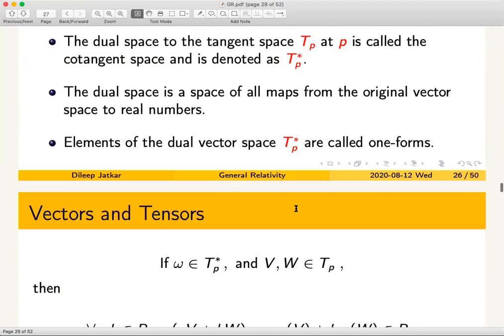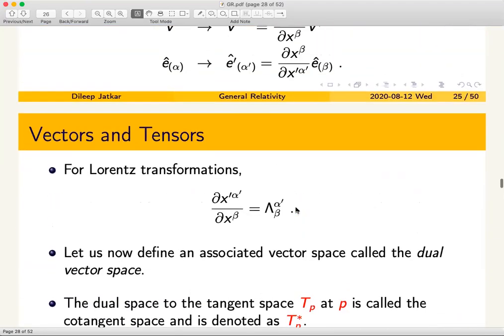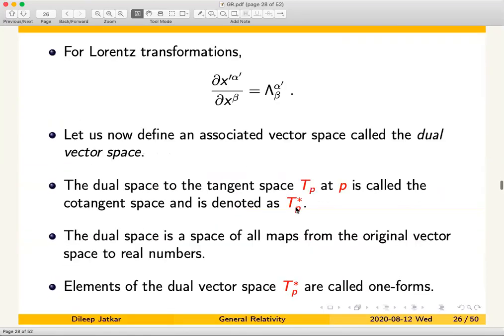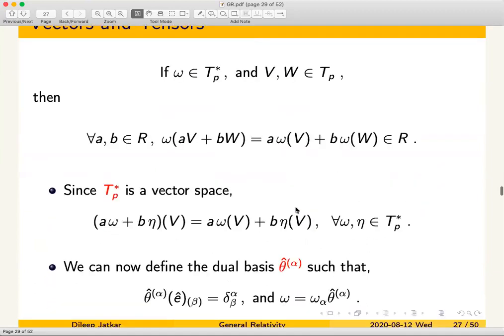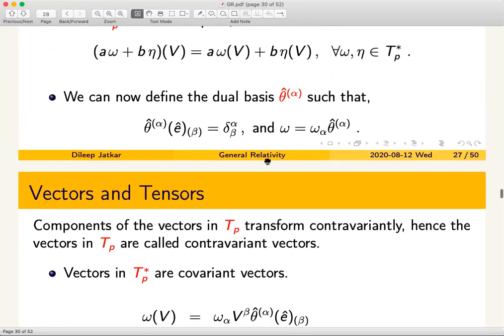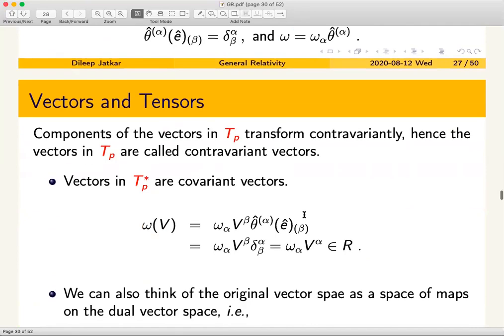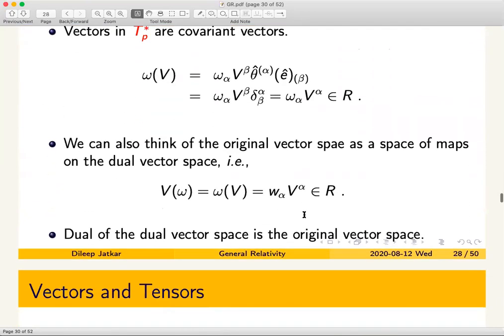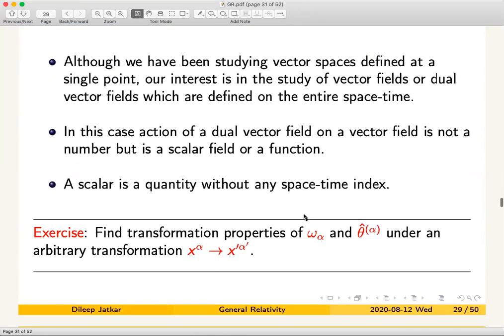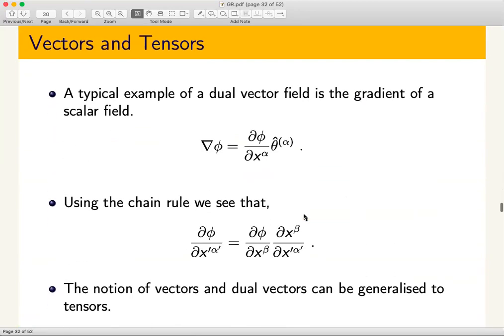I'm sorry, I did not define it for omega, but it is defined for theta. The theta would transform in such a way that this transformation is invariant, and as a result, omega would transform in the opposite fashion. So maybe I will write down those transformations explicitly.